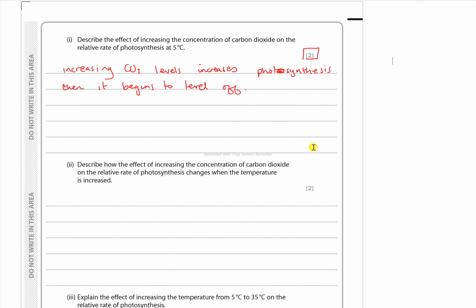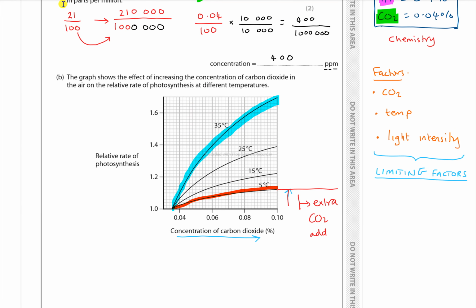Right, okay, that's what will happen. Let me just get rid of that so it's a bit easier. So if you notice, look, it's steeper here. The gradient's steeper here and it's less steep there. And then it's even less steep there, and then eventually it will level off. So it'll reach a maximum.